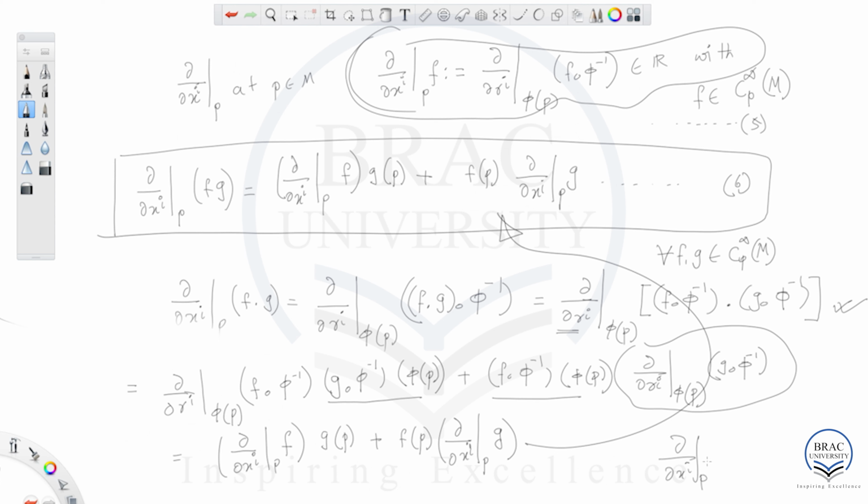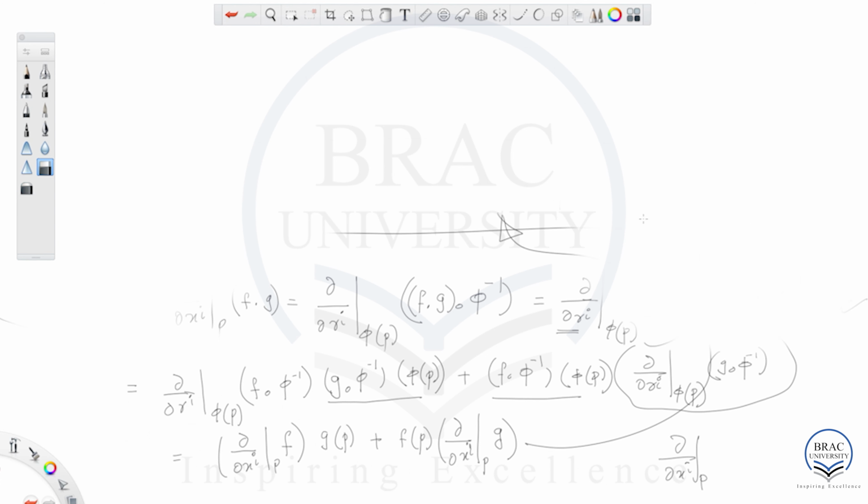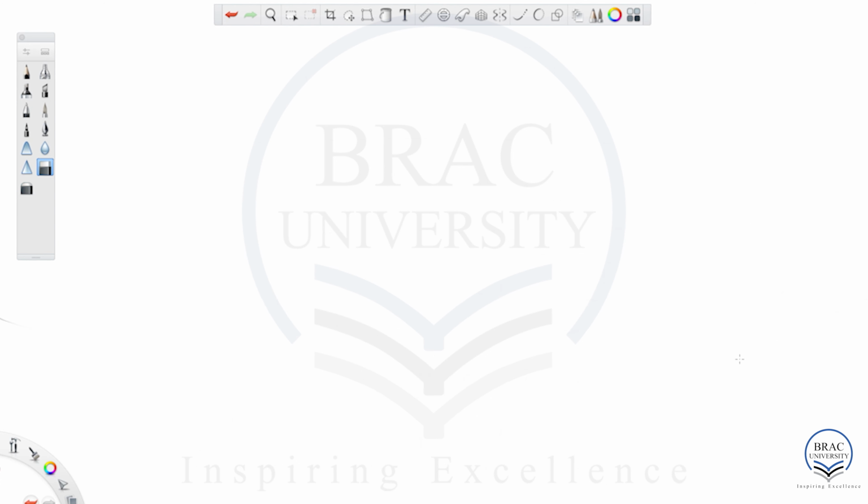Okay, now we are going to define the differential of a map, of a smooth map between two manifolds. We learned about smooth maps between manifolds earlier in lecture 4.